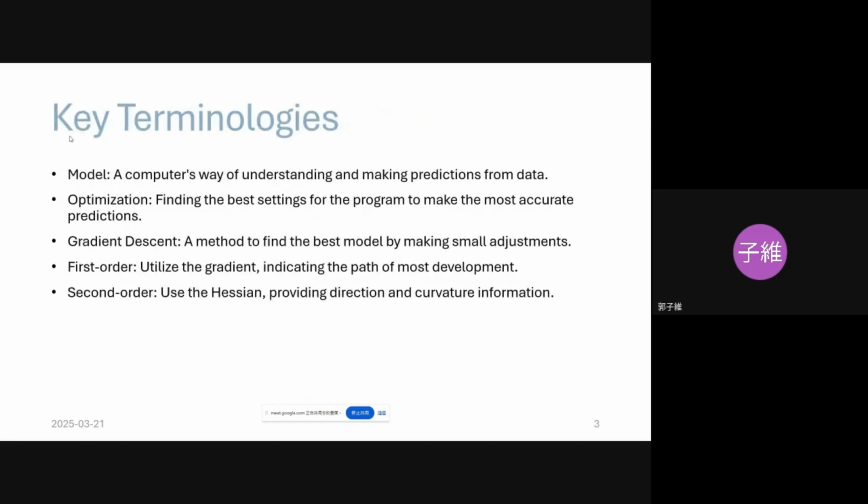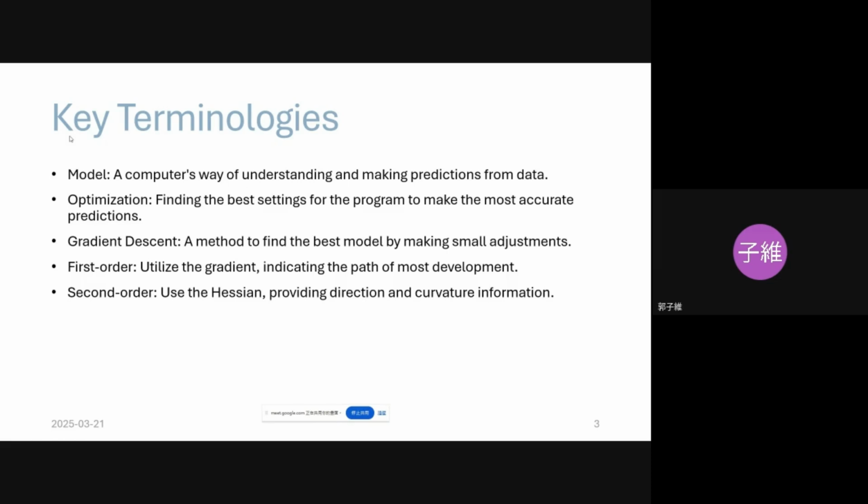And here are some terminologies. A model is just a way for computers to understand and make predictions from the data. Optimization is finding the best settings, the weights and biases, for the program to make the most accurate predictions. Gradient descent is a method to find the best model by making small adjustments.